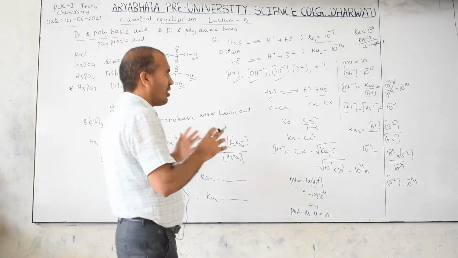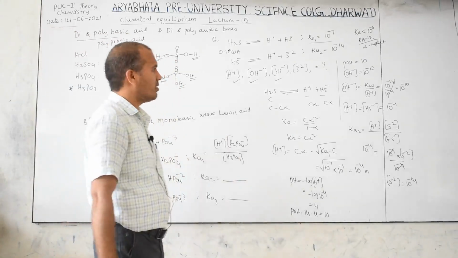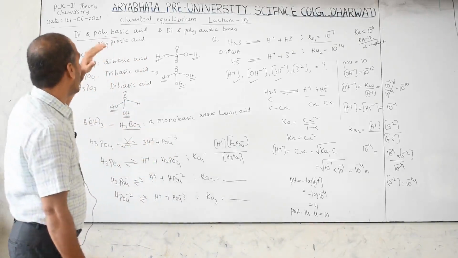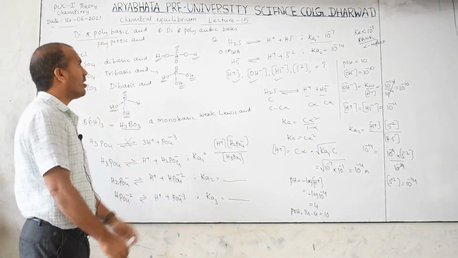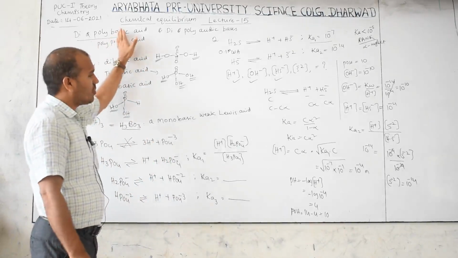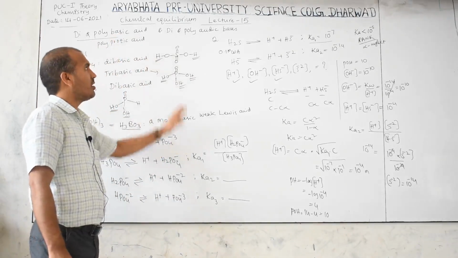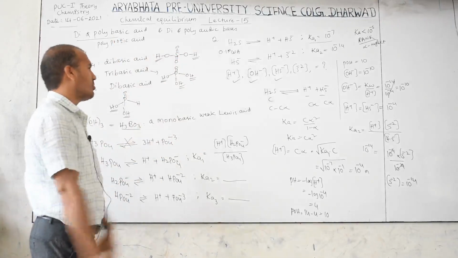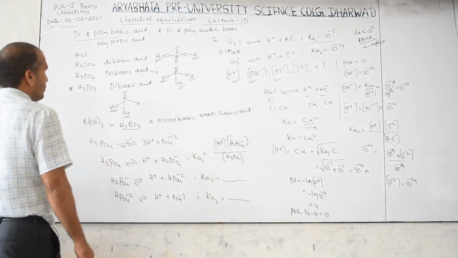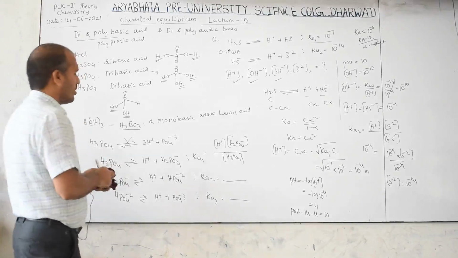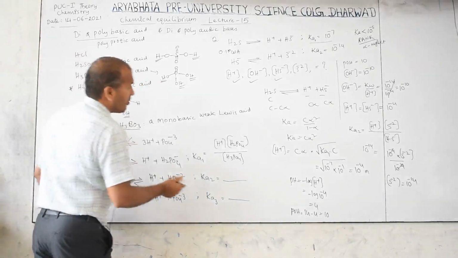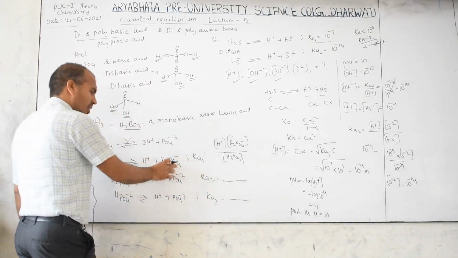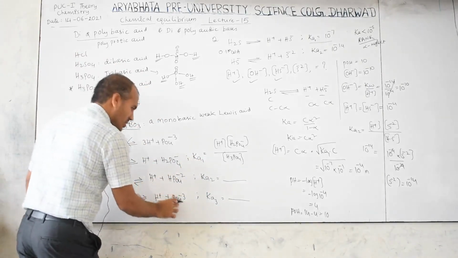The same explanation will be applicable for bases. So keep in mind how to calculate for di or polybasic acids. I have given the acidic nature explanation. Now I will give the base, but the calculation is similar to this one only. One more thing I forgot to mention: this dissociation is greater, this is less, this is very less.